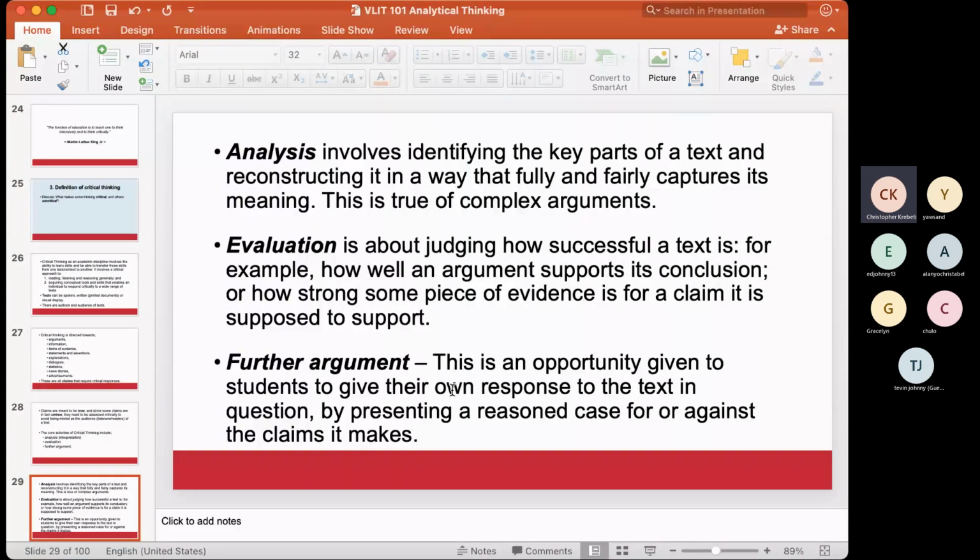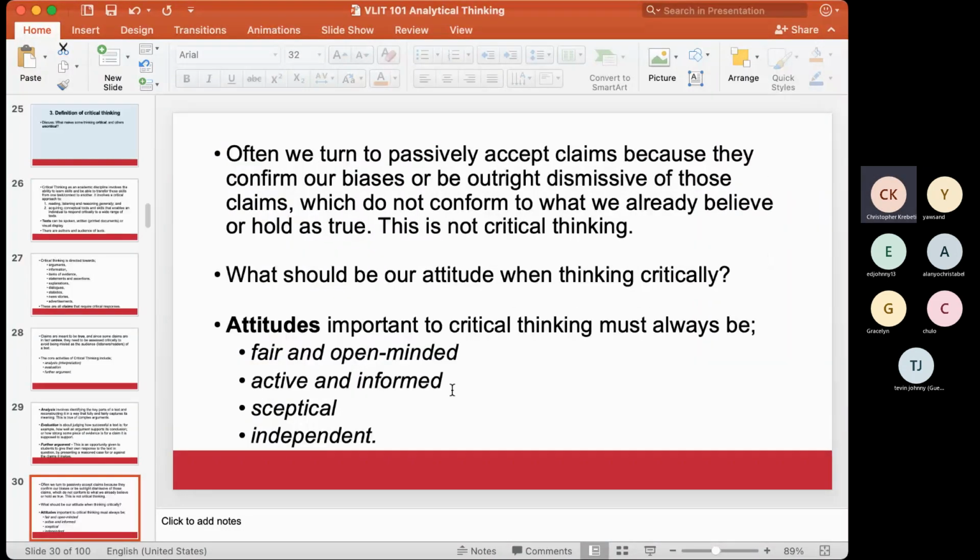Looking at this, I think this is logical, given this scenario, given that scenario. And then you bring in your personal examples to reinforce the claims that have been made. So further argument is very important for you in this class to develop your critical thinking skills.